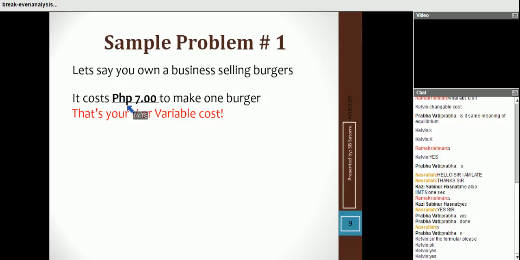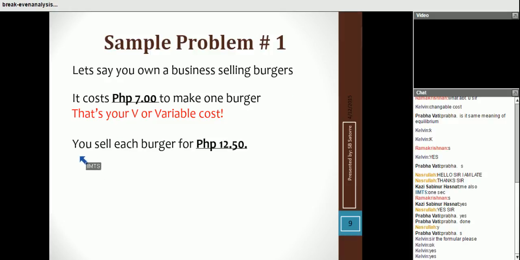$7. Here they have taken PHP, which is the currency of some other country, Philippines, I think. So let's take it as $7, the cost of making one burger. This $7 is your variable cost. That's the value of V, or variable cost.